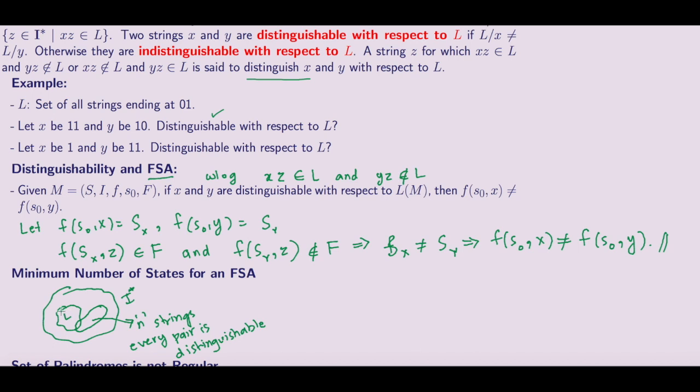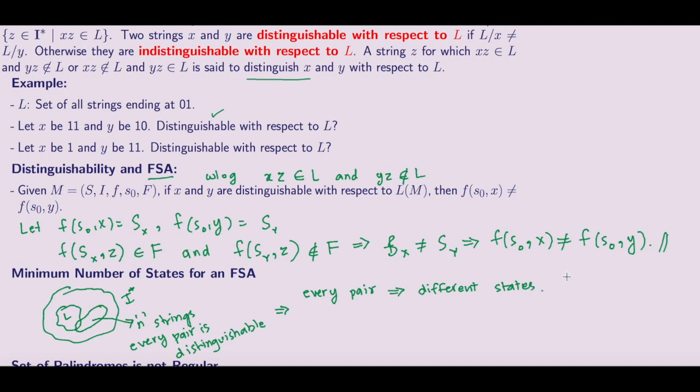So can we say something about the finite state automaton that recognizes L? Yes, we can. It has n strings, so every pair corresponds to different states.